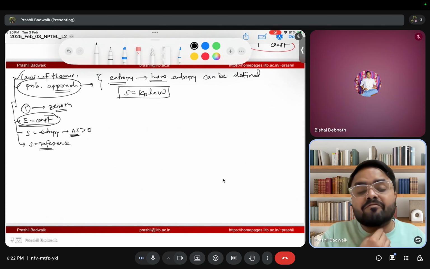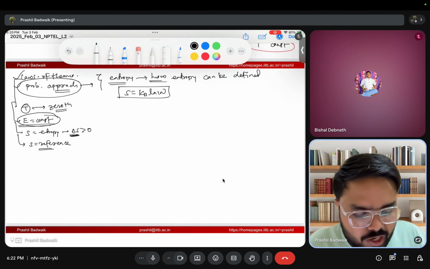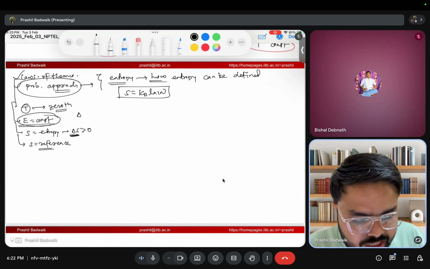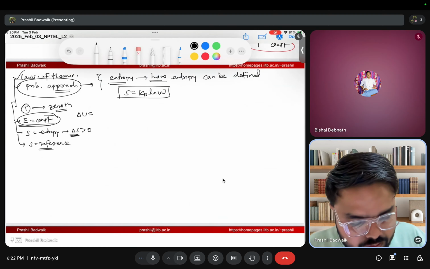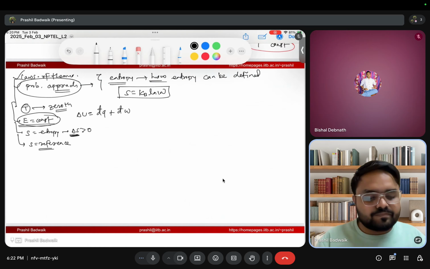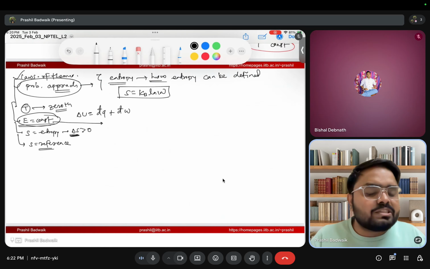And we came to know that when system and surroundings are combined, we have delta U, that is the change in the energy, which equals dW.